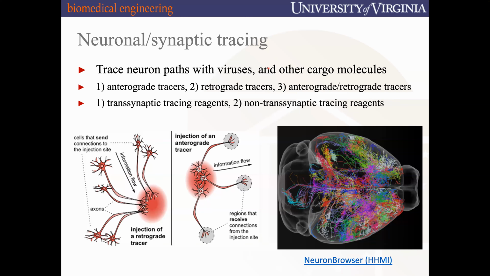But this binding of different viruses to our molecular motors, specifically these neuron-specific molecular motors, can be a really useful tool that we can leverage in the lab. So this is something known as neuronal tracing or synaptic tracing. And this can allow you to trace neuron paths within the brain.